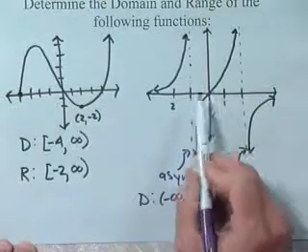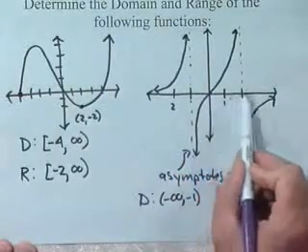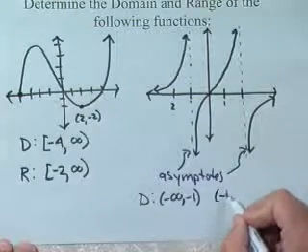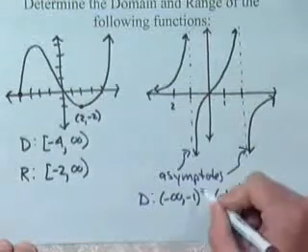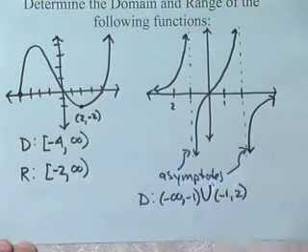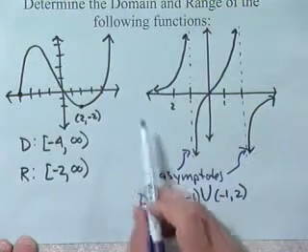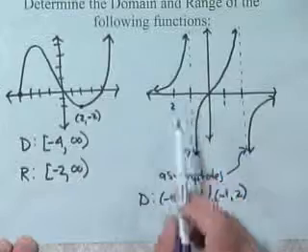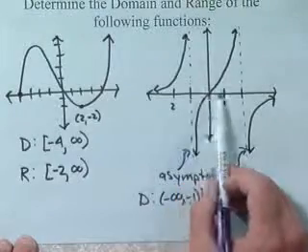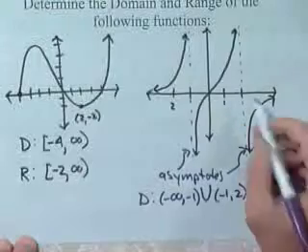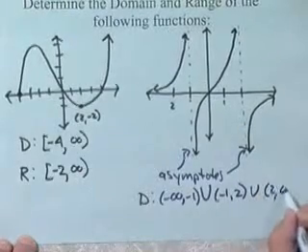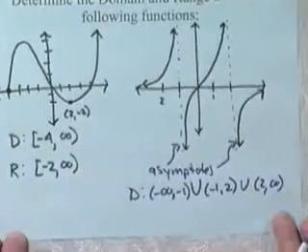And then we can go between the points negative 1 and 2. Okay? And we'll use a union symbol in between. So the domain is negative infinity to negative 1, union with negative 1 to 2, union with the points from 2 to infinity.